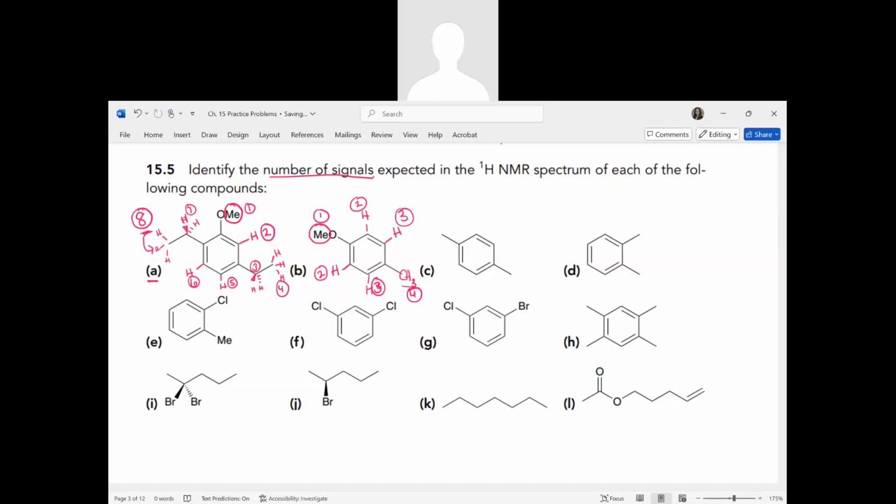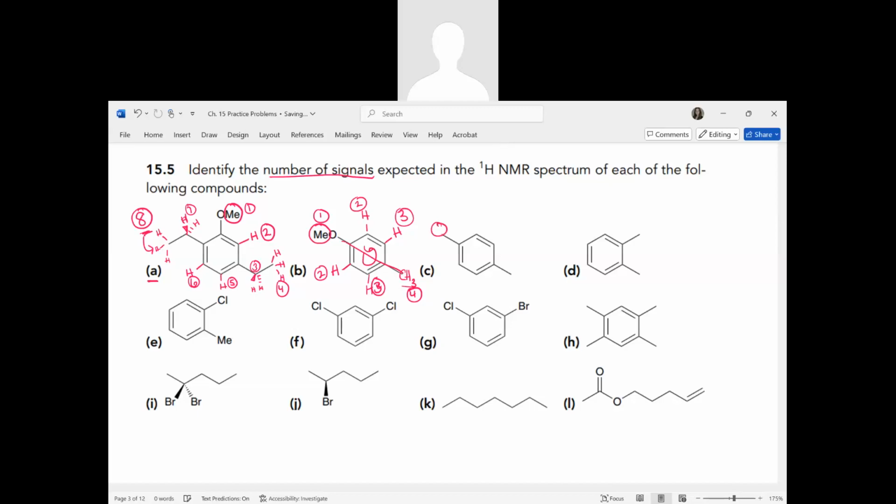And then through this axis of symmetry seen in the middle of the molecule here, the protons for group 2 and 3 are chemically equivalent. Let's take a look at compound C here. This will have only 2 distinct types of signals.